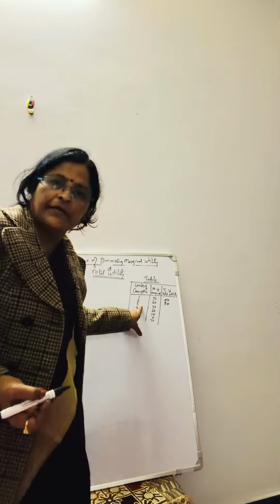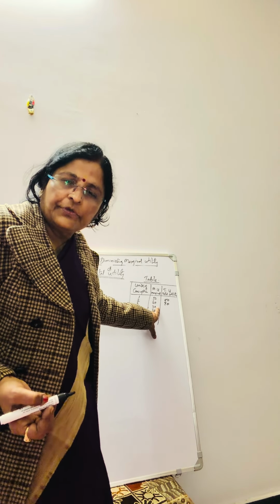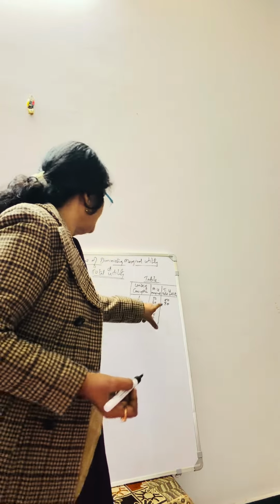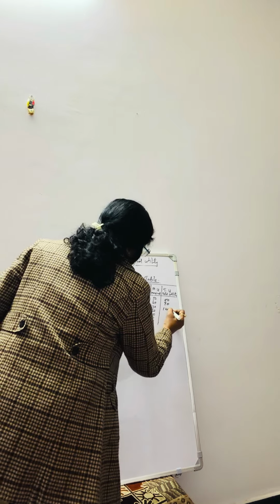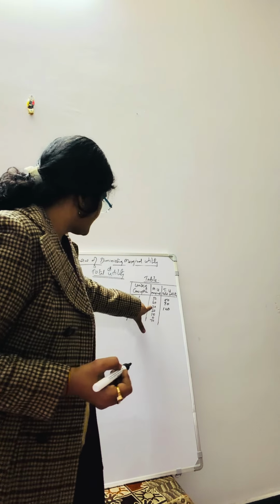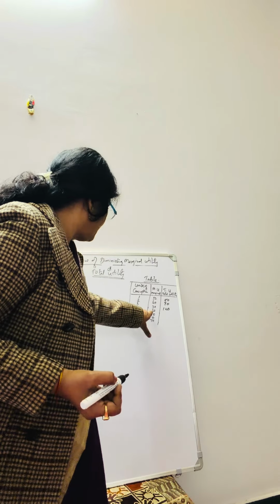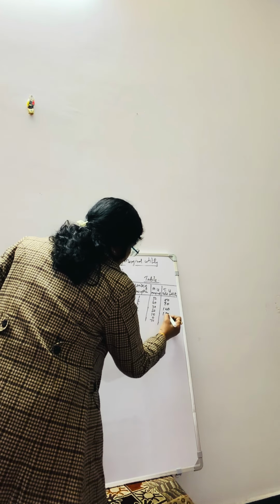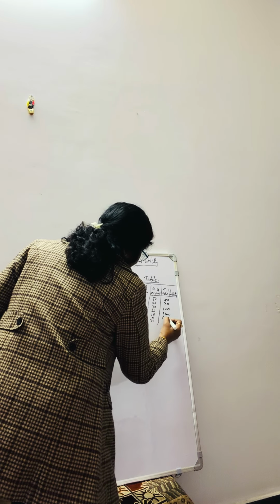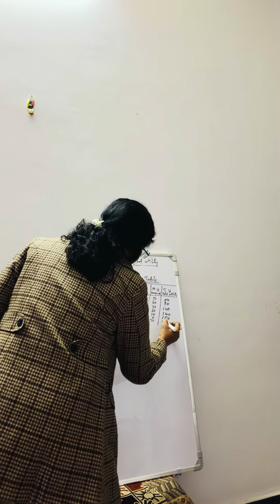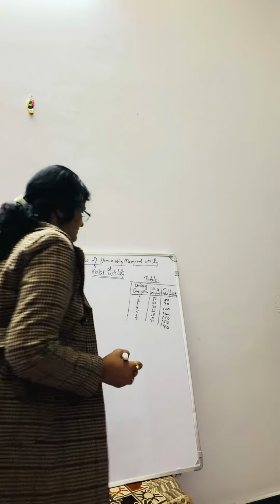When the consumer consumed the third apple, he got the marginal utility of 30, and now the total utility will be 120, meaning 90 plus 30 is 120, and with the fourth, 140, and the fifth, 150, and when the marginal utility is minus, it is 140.